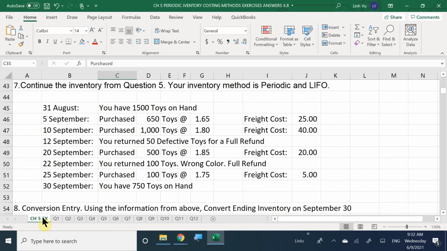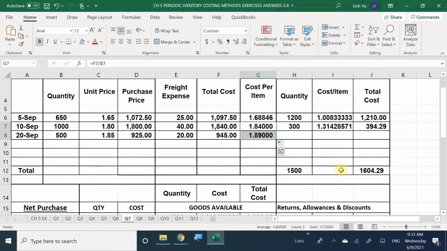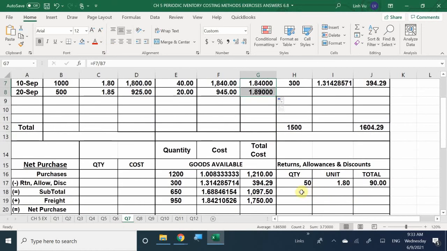So in this case, it's September. Go ahead. I was just going to say you returned 100 toys for a full refund. Good. So in this case, the company that we were buying from has shipped us too many things that were the wrong color. So I say no, I don't want to accept any discount from you. I want a full refund. We're returning all 100 items.